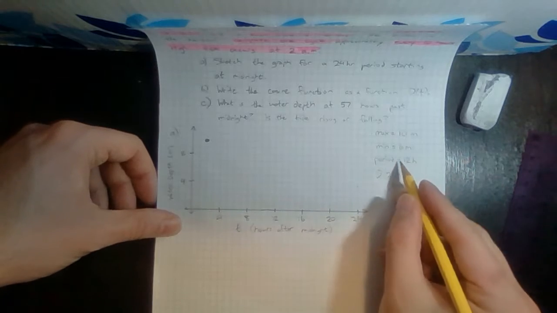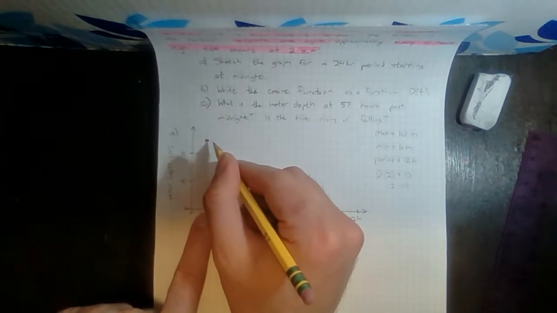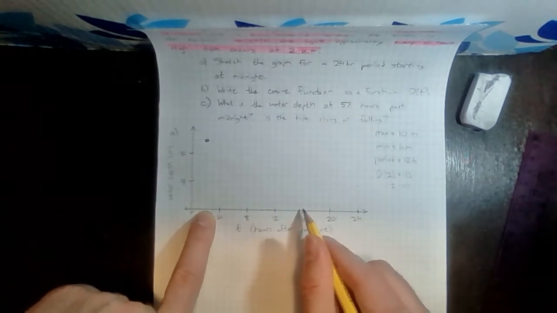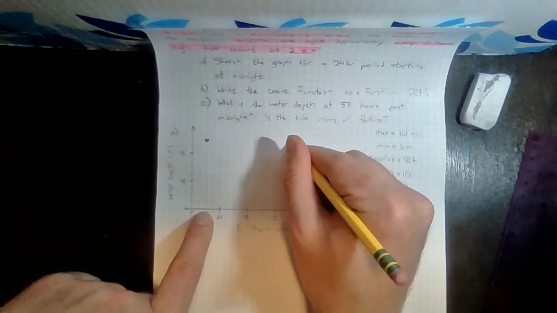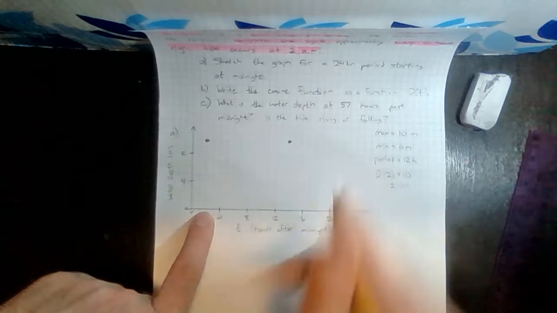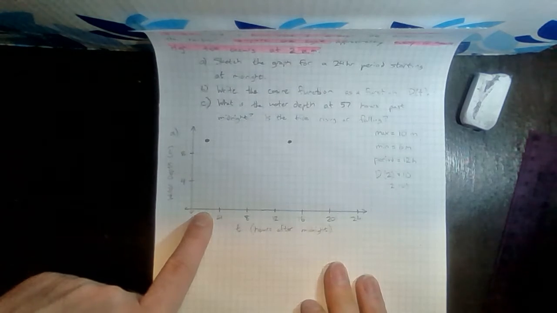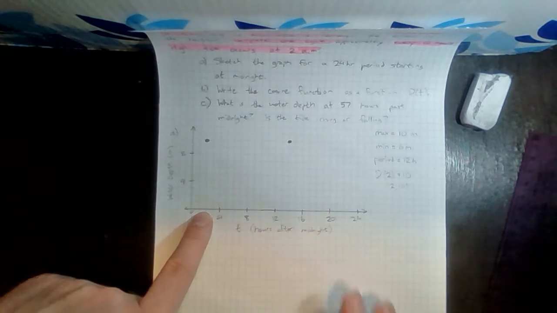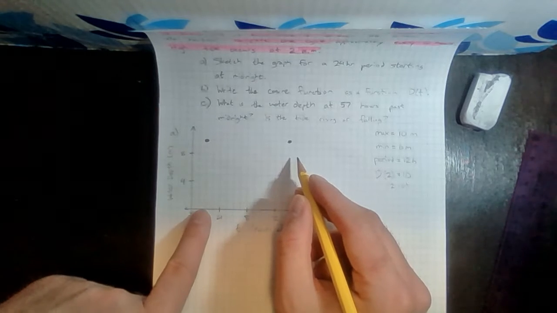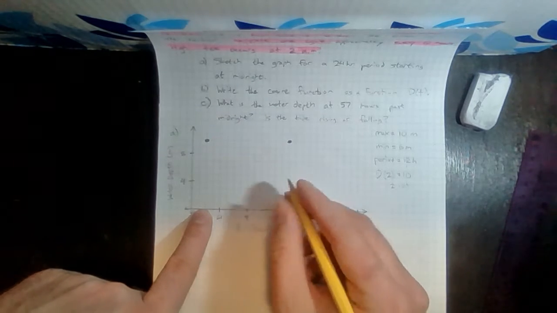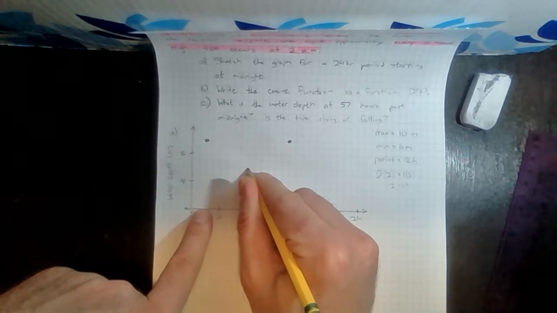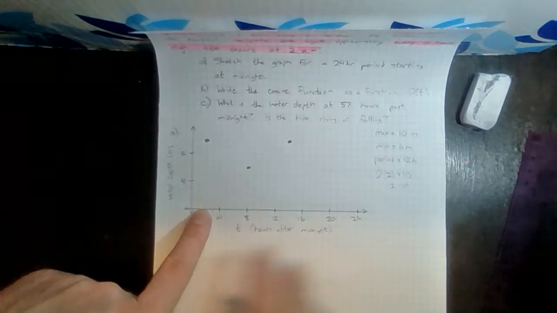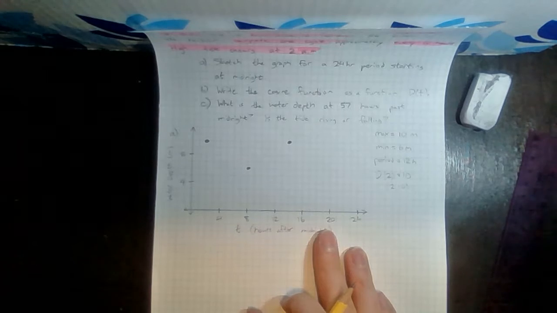We also know that a period is 12 hours. So 12 hours after this, so at 2 plus 12, sorry, not 16, 14 is going to be another maximum. And halfway in between that, halfway between 2 and 14, so at 8 hours, that's going to be a minimum. And we knew a minimum was 6 meters. That was low tide.